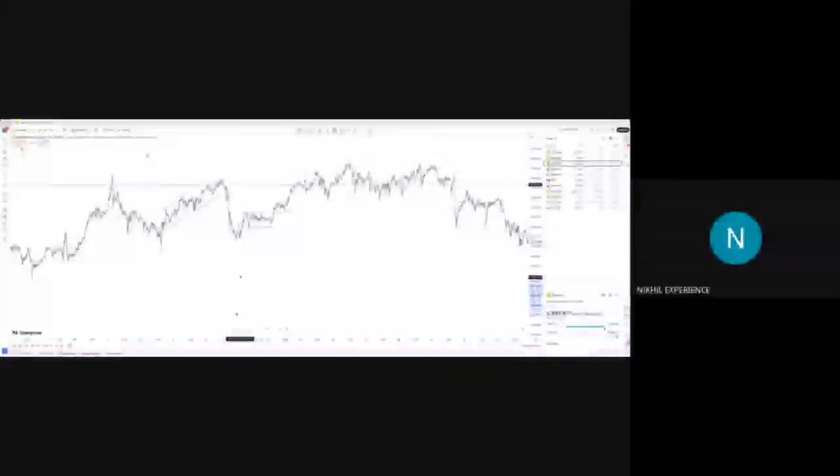A megaphone pattern is formed like this. It starts with a smaller body and it starts expanding like this. If I'm not mistaken, this is a megaphone pattern.